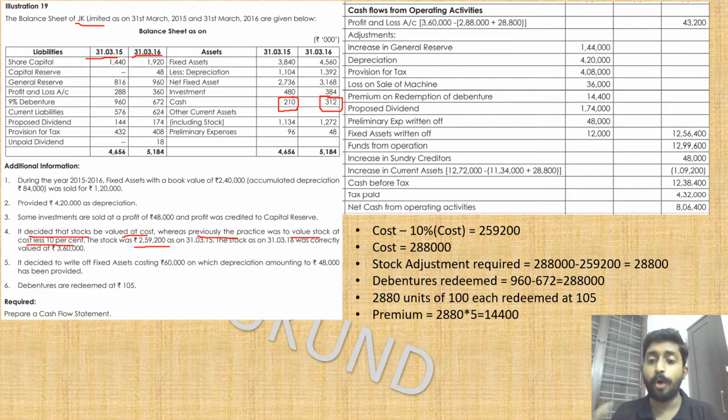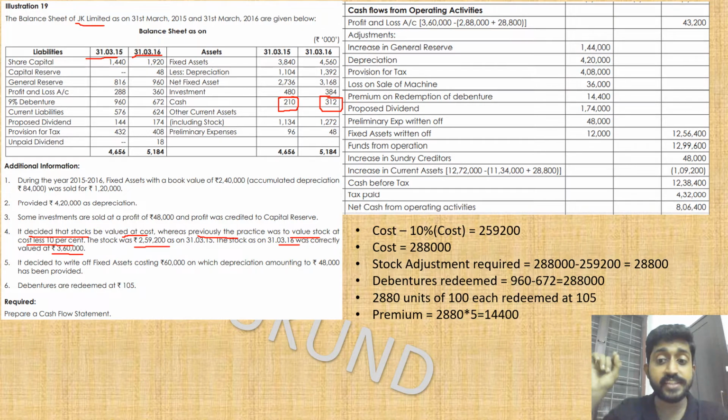Now the accounting policy is corrected, and they have said the inventory should be valued at cost. When it is valued at the 2016 year close, it is valued at 3,60,000. So this is a very important stock adjustment of the previous year.